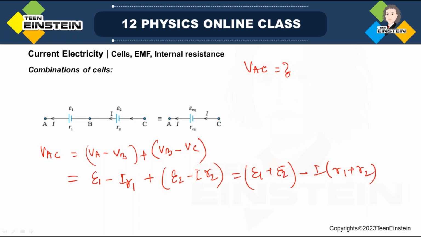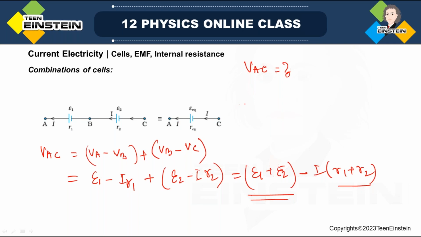So we can see this could be still understood, but what about this? So if we replace the combination of these two cells with a single cell, what do we actually get?